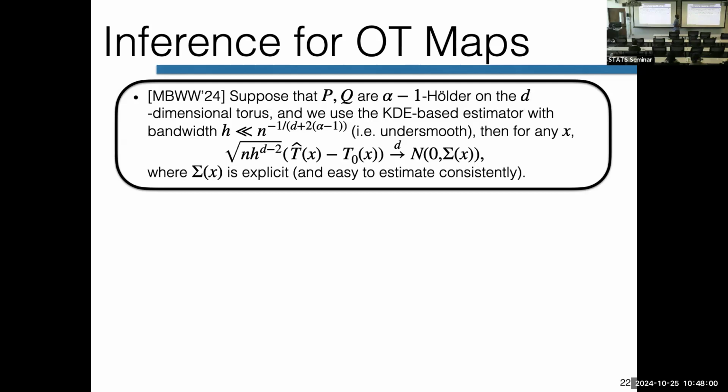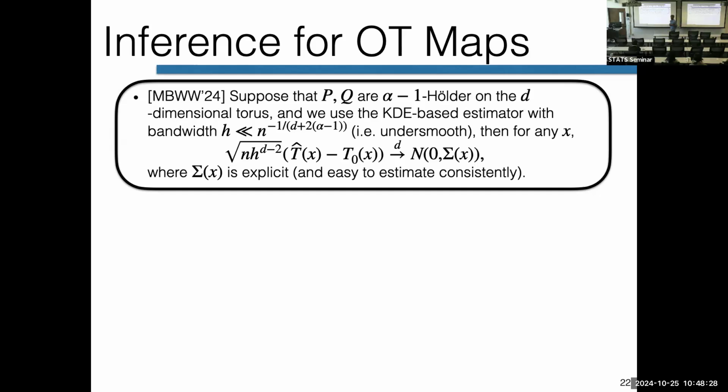What is maybe the most dissatisfying part of this is that all of this only works when P and Q are supported on a torus. That is, you have to be on some nice looking domain which has no boundaries. Otherwise, we don't have any idea how to do most of these things. But at least in some limited settings, undersmoothing, which is a standard idea in non-parametric regression, also works to give you confidence bands for the transport map.